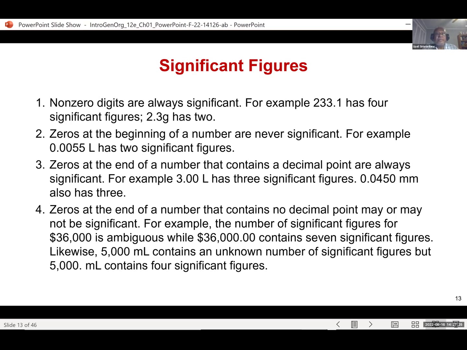This is different when you have a decimal point. Zeros after a decimal point are significant. For example, 3.00 liters has 3 significant digits, because these two zeros are trailing zeros after the decimal place. The second problem here in the same category, 0.0450.